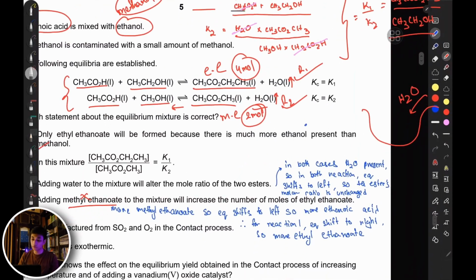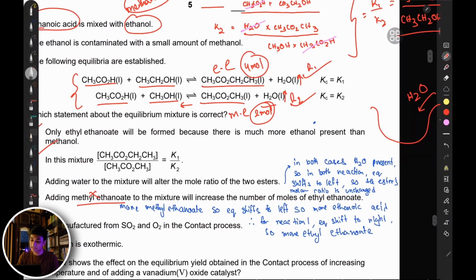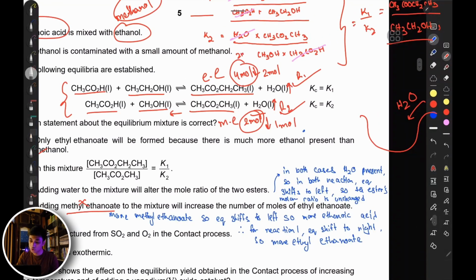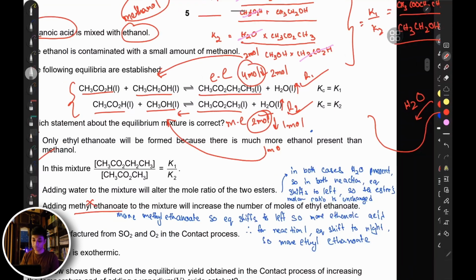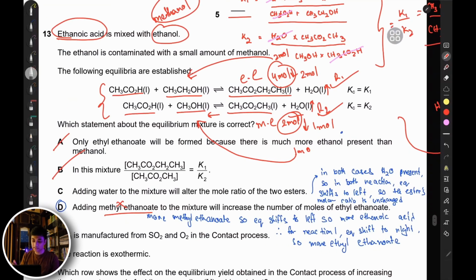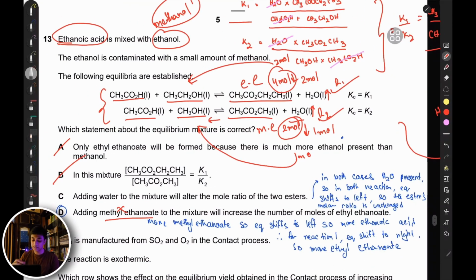After adding H2O, the 4 mole will decrease to 2 mole, and the 2 mole will decrease to 1 mole. Why? Because those extra 2 mole and 1 mole will be used in producing the reactants, which are ethanoic acid and methanol, and ethanoic acid and ethanol. The amount of these will increase.